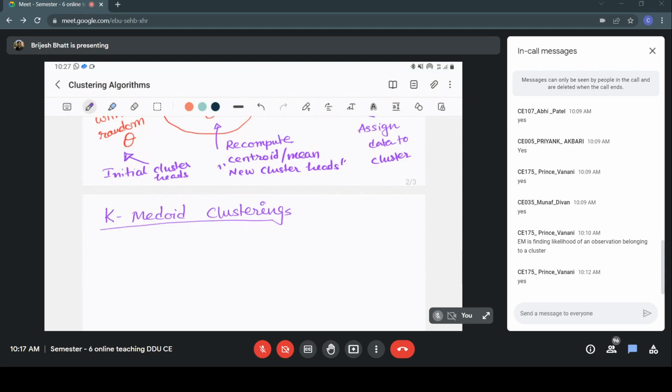And you know that the medoid has a benefit that it is a data point, not a random mean value. In case of k-means, your mean may not be a data point after a few iterations. That's why the mean can be shifted by the outlier data.